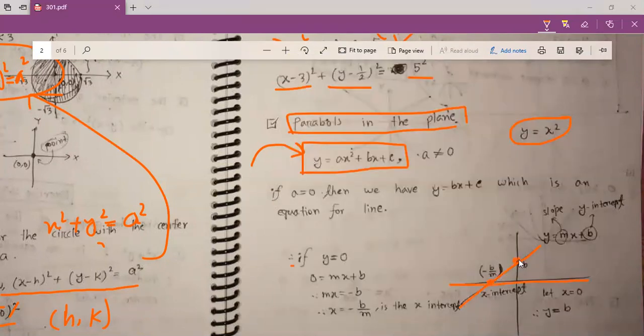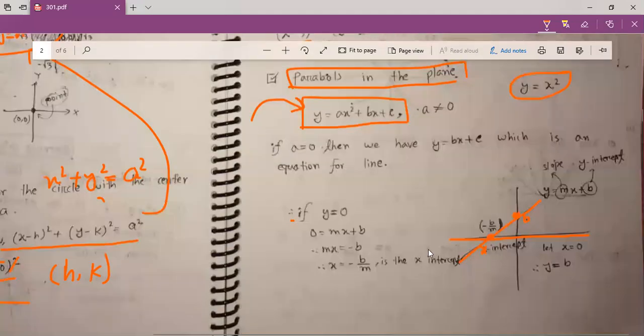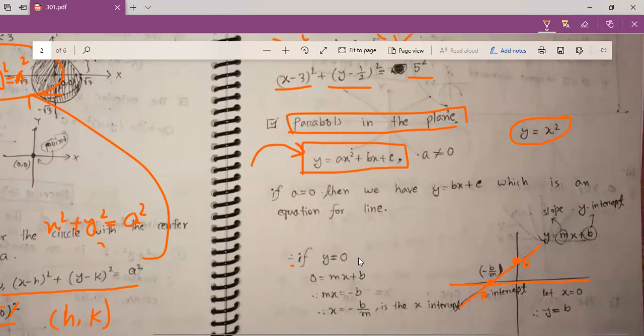We call this y-intercept b, and we call this x-intercept a. For the equation y is equal to mx plus c, if y is equal to 0, then the value of x will be minus c by m. This is the x-intercept.